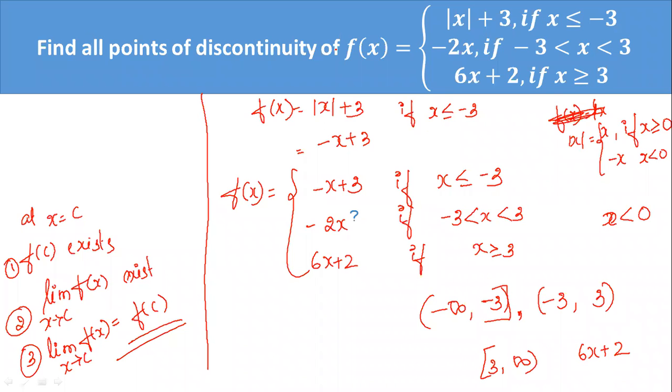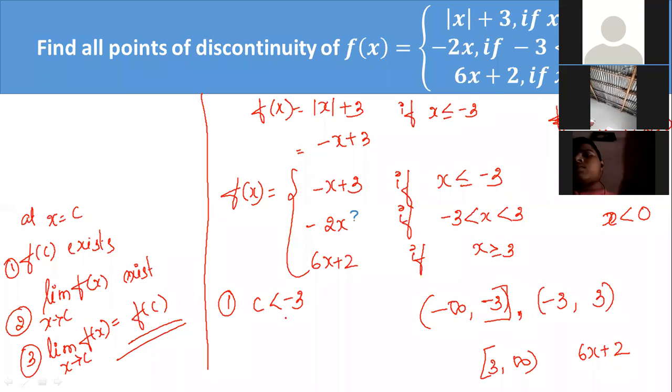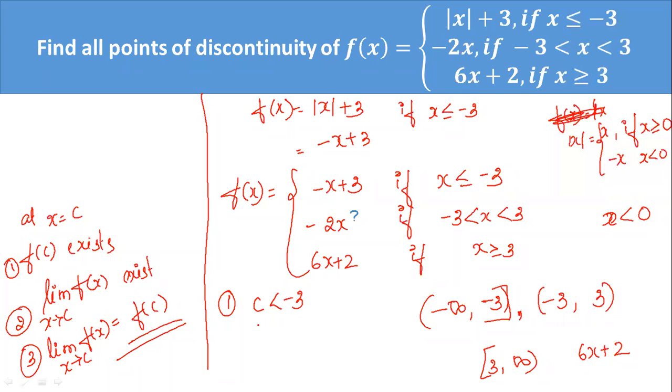As I told you earlier, you have to discuss 5 cases. Which are those 5 cases, students? One is c less than minus 3. Then c in between minus 3 and 3.